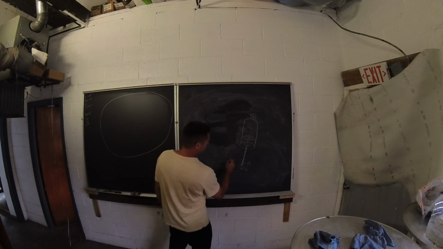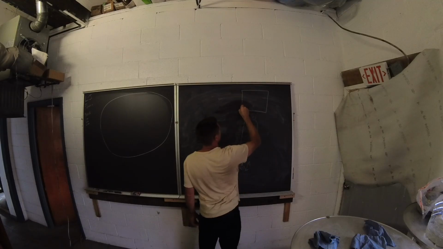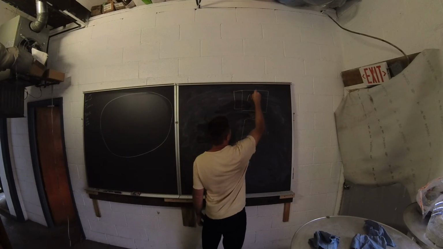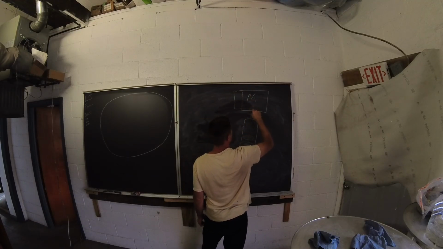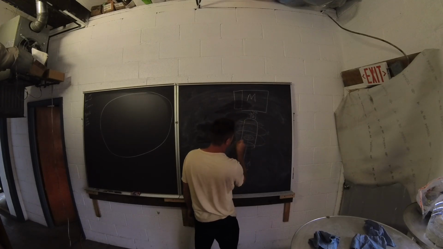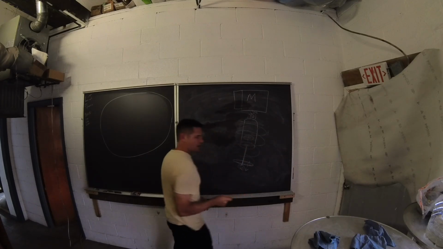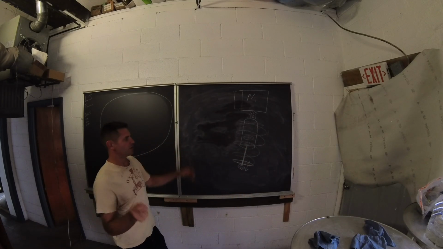So, for givens, we'll put a mass on top of this, right? Mass is M. We'll knock it down. The collar, we'll put our coil spring. And then we talk about balanced spring mass systems.